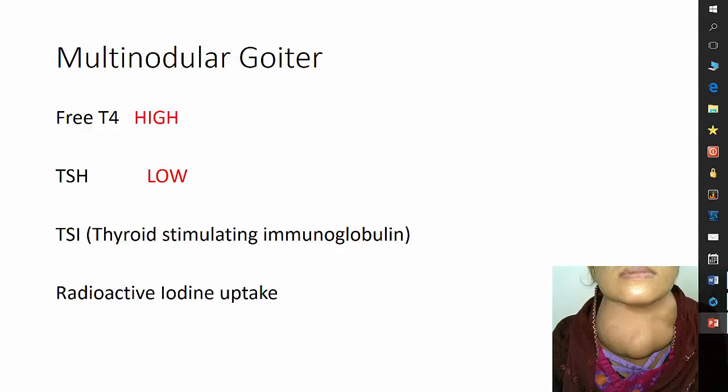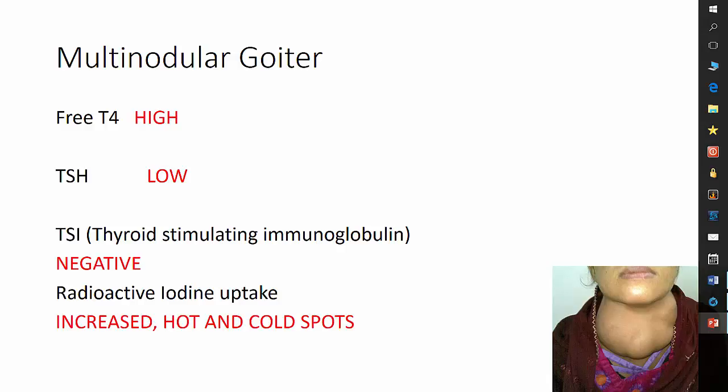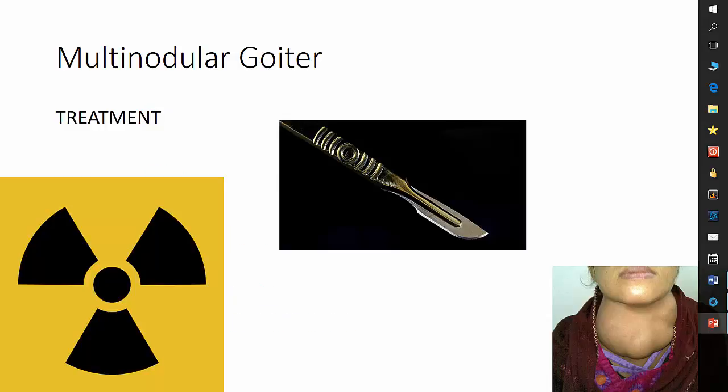The thyroid stimulating immunoglobulin would be negative, and the radioactive iodine would show both hot and cold spots corresponding to hyperactive and inactive thyroid nodules. The treatment for multinodular goiter is either ablation, destruction of the thyroid gland with radioactive iodine, or surgery.